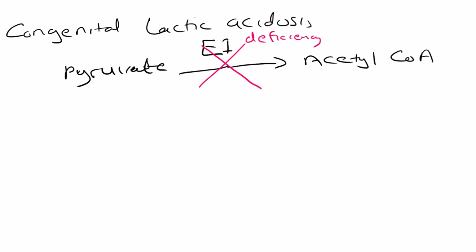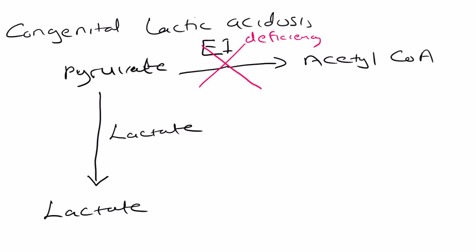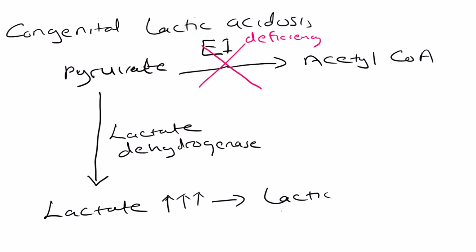This results in an inability to convert pyruvate to acetyl-CoA, causing pyruvate to be shunted to lactic acid, a reaction catalyzed by lactate dehydrogenase. Symptoms are variable and include neurodegeneration, muscle spasticity, and early death in the neonatal onset form.